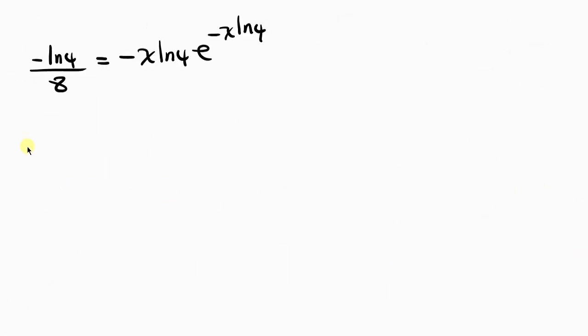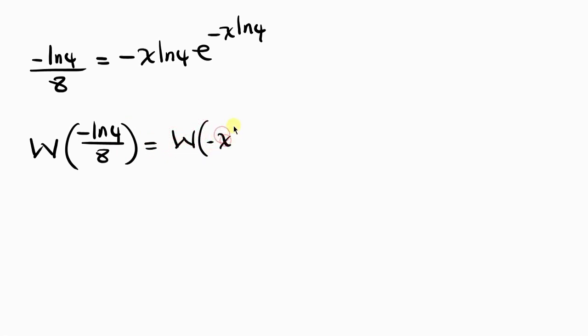Alright, so I'll take the Lambert W function of the left-hand side. So Lambert W function of negative ln 4 over 8 equal to the Lambert W function of negative x times ln 4 times e to the negative x times ln 4.